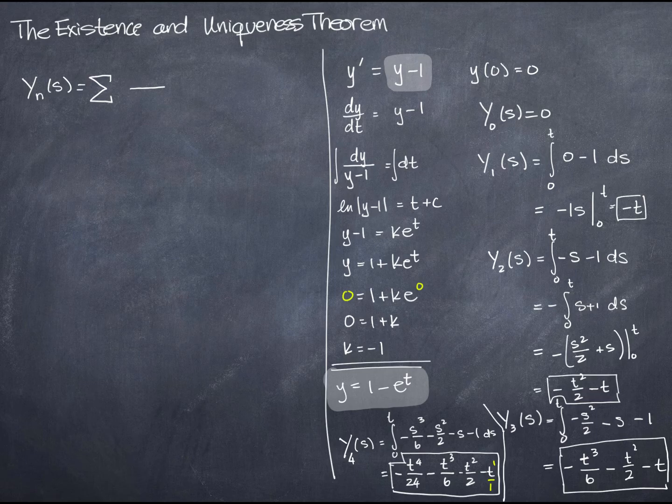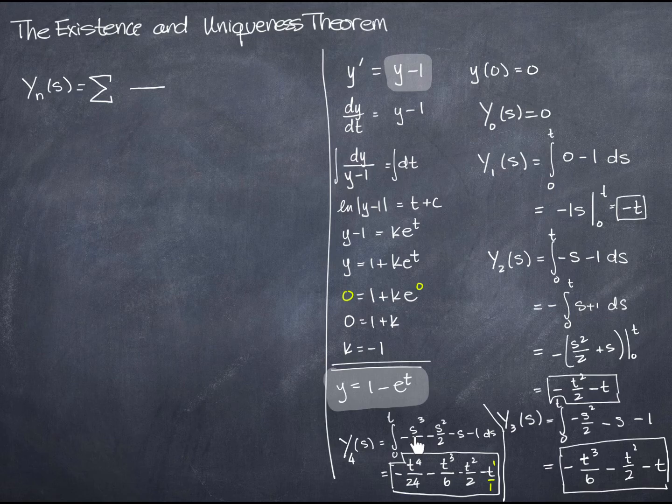How to explain this without going back and reworking all of these? When I got this term here in y sub 3, I got it by integrating negative s squared over 2, and I did that by taking the negative 1/2 out front, so I had a 1/2 here, and then integrating s squared gave me s cubed over 3, so I had a 1/2 and a 1/3, and that's what gave me the 6th.